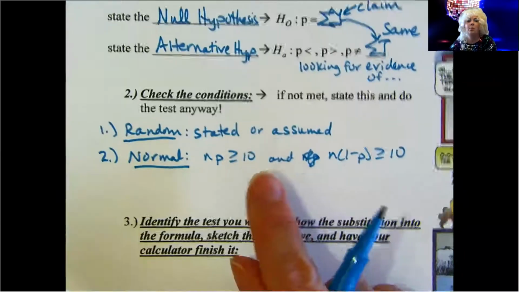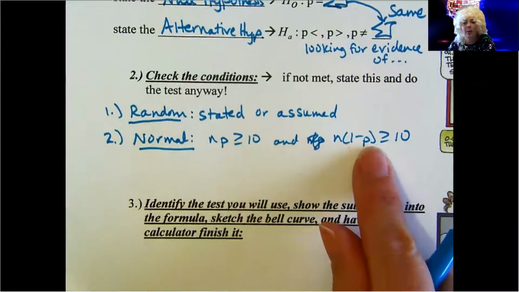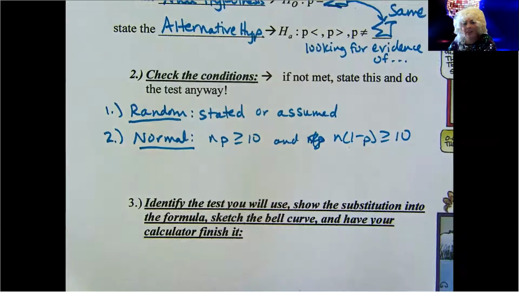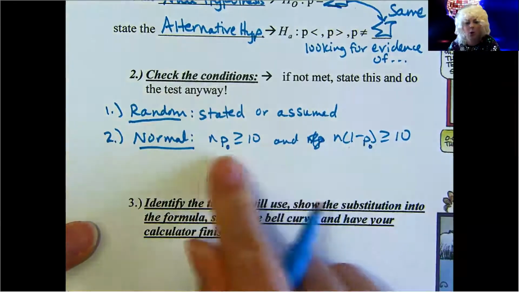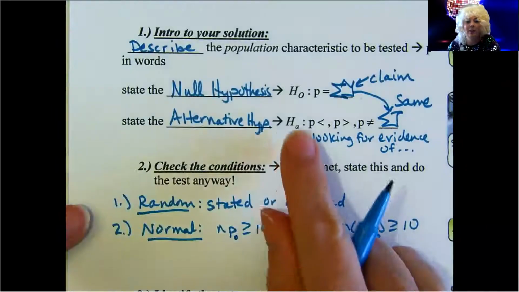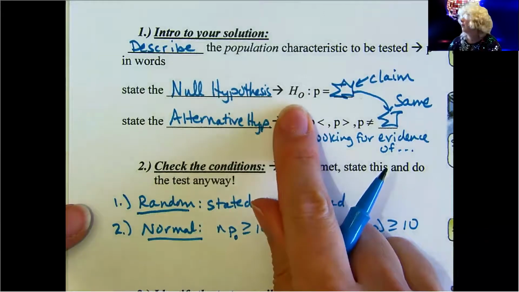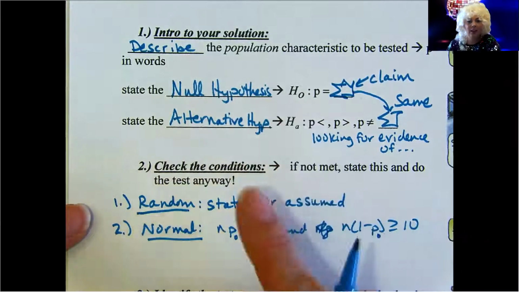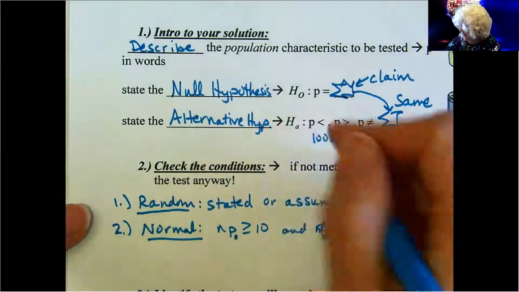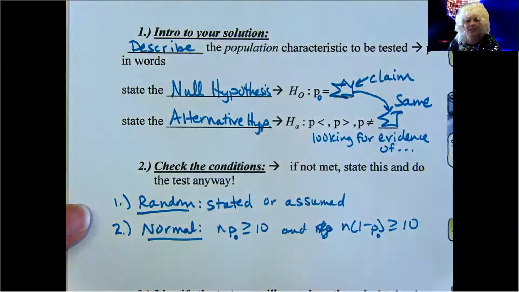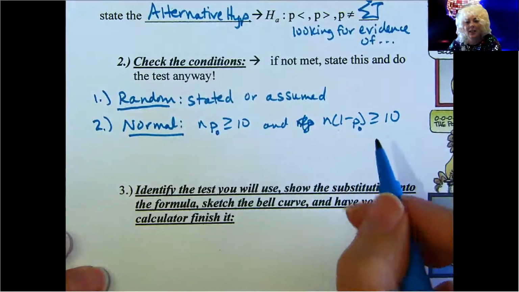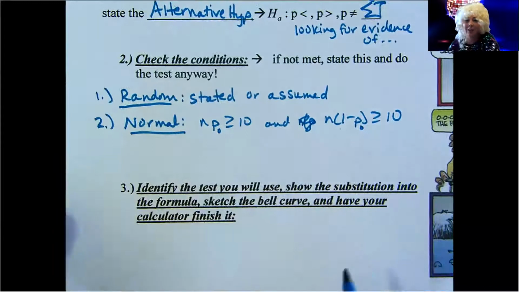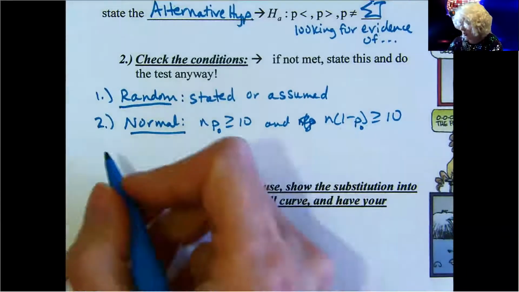Make sure p is being used, your parameter, your claim, and not the p hat. Don't use your sample. As a matter of fact, I'm going to put little 0s right here: p0. That correlates with the p0. So p0 means use whatever this is. Don't use p hat. If you have at least 10 successes and at least 10 failures, then you've got an approximately normal distribution on your hands.